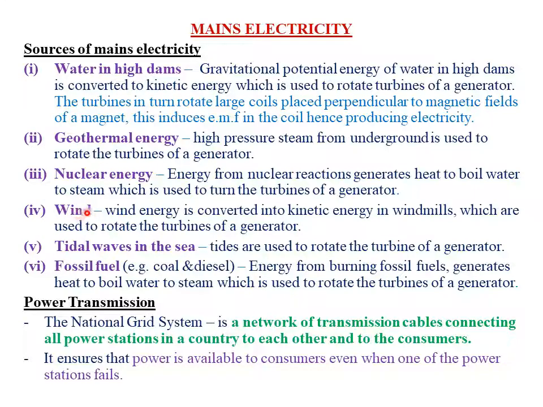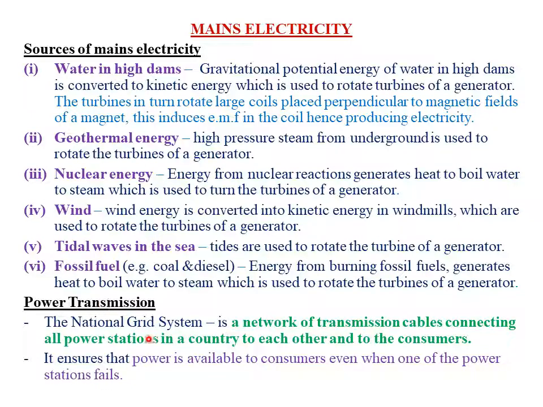So because the windmills are still working, that means the consumers will still get the power supply, of course, from the national grid system. So the importance of the national grid system is that it ensures that power is available to all consumers even when one of the power stations fails.